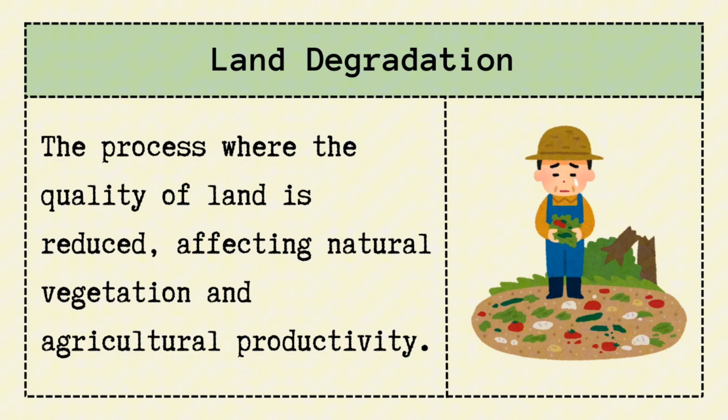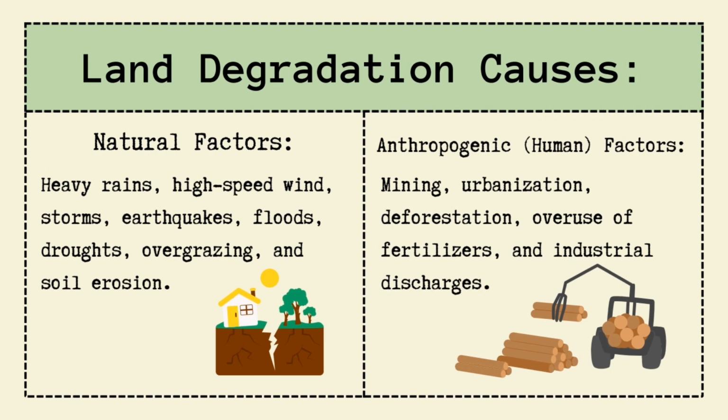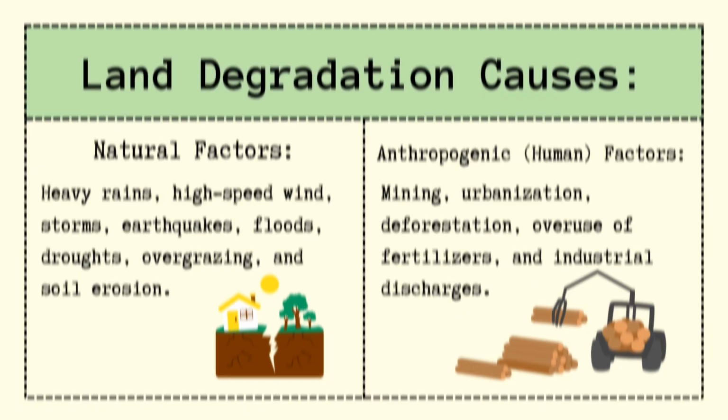Causes include deforestation, unsustainable agriculture, and industrial activities. Natural factors of land degradation include soil erosion by wind and water, and natural disasters like floods and landslides.